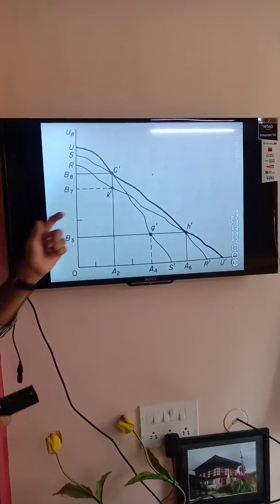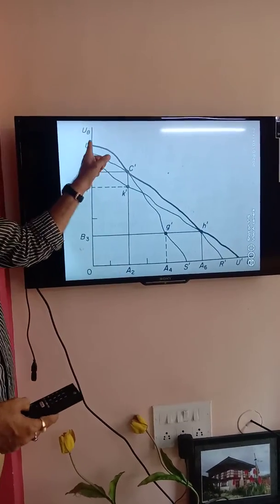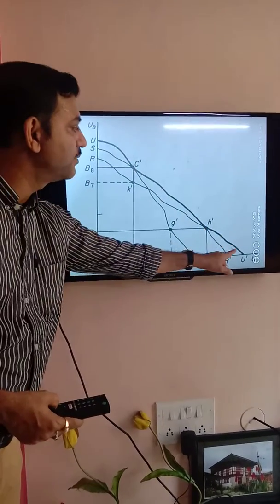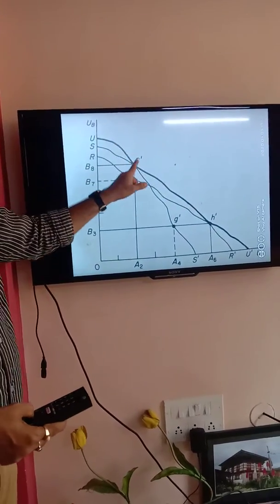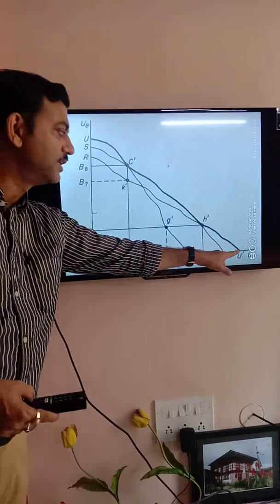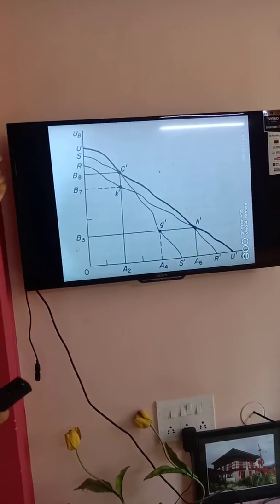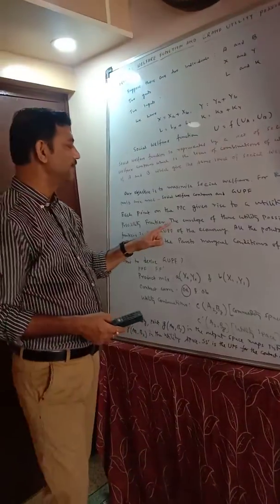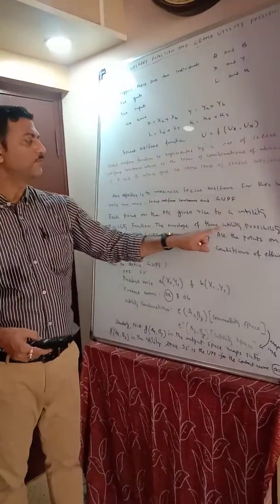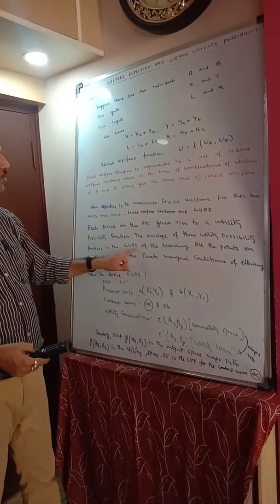So for each contract curve, you will get such a utility possibility frontier, and the envelope of all these utility possibility curves, that is this dark line, is actually your grand utility possibility frontier. Okay, so grand utility possibility frontier is the envelope of all utility possibility frontiers. That's why I have written here that the envelope of this utility possibility frontier is the GUPF.